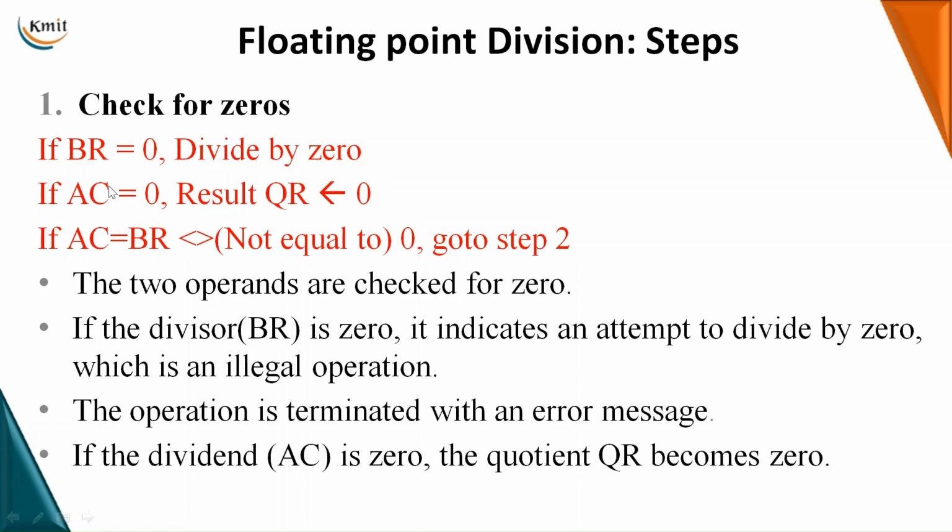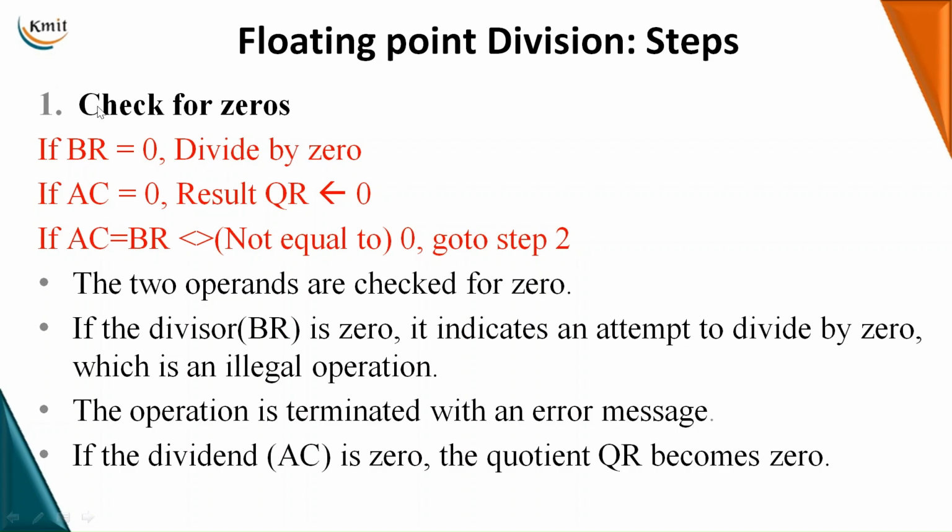You are not going to check for anything else, just the content of the AC register. If it is 0, you set the quotient in the QR register to 0 and stop the operation. But if both AC and BR registers are not equal to 0, they contain non-zero values, then we proceed with the next step.